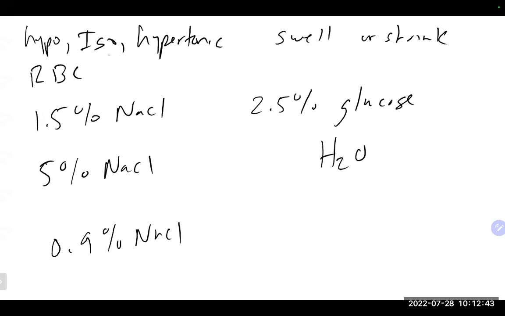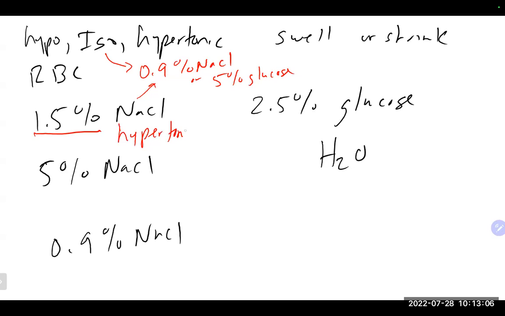So first off, isotonic, again, the two important numbers here are 0.9% sodium chloride or 5% glucose. So those are really the numbers we want to compare everybody to. So if we start with 1.5% sodium chloride, that obviously is greater than 0.9%. That would mean that this would be a hypertonic solution.